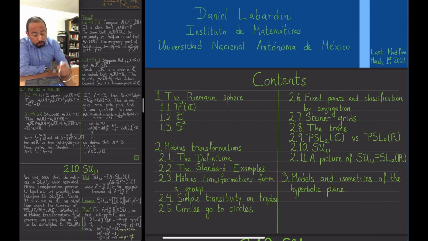I'm going to do so by showing that SU11 is conjugate inside SL2C to SL2R. So that's going to be the key argument.